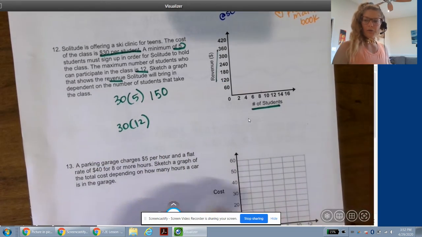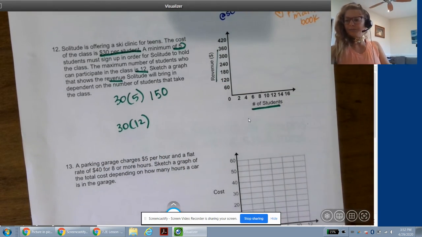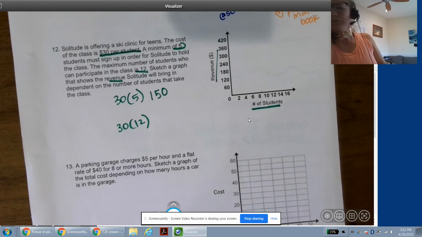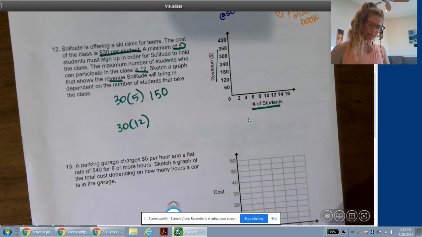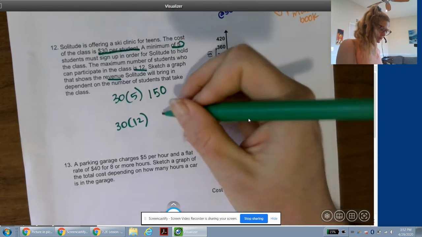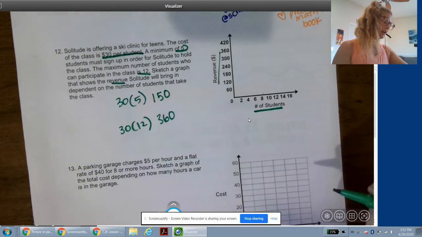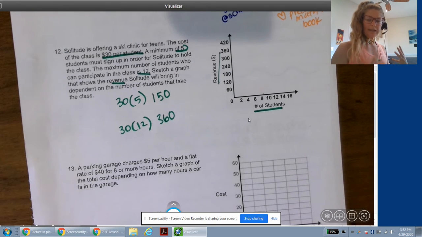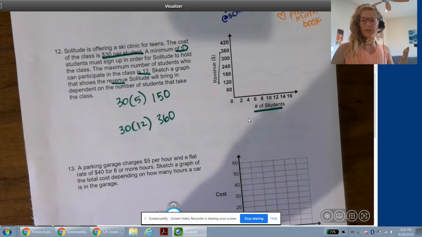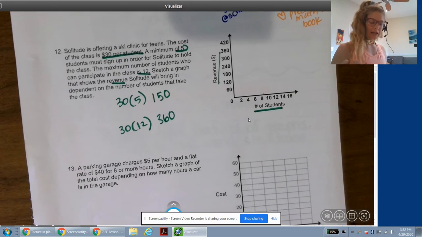So 12 groups of 30. $360. But notice that we are going to be going discretely. This is going to be a discrete graph because between 5 and 6 students, we're not going to make any money in between. It's either you have 5 students, you're making $150, or you have 6 students, you're making $180.